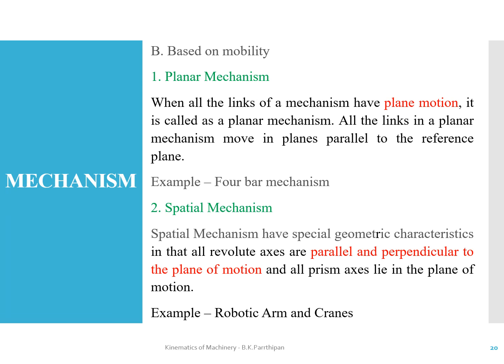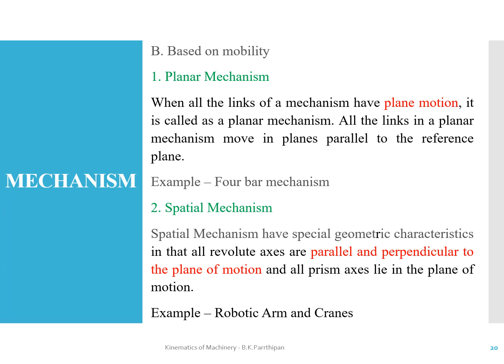That is, all the links of a mechanism lie in a single plane, so that the mechanism moves parallel to the reference plane. Four bar mechanism, slider crank mechanism, shaper mechanism, quick return mechanism are examples.